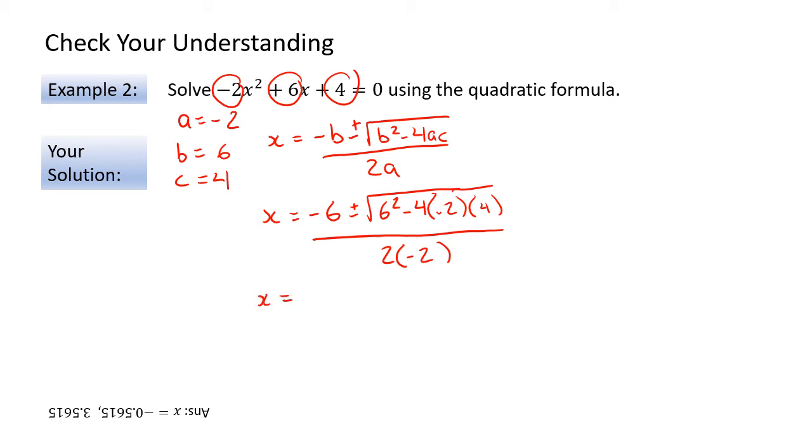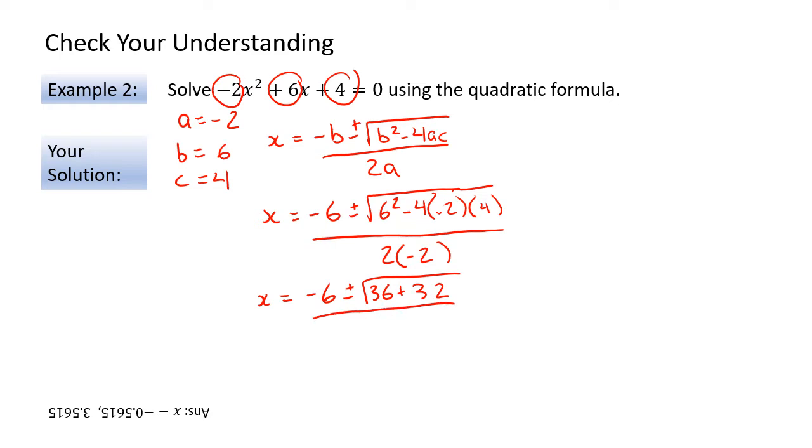Simplifying this, we get x equals negative 6 plus or minus. This becomes 36 plus 32. Negative 4 times negative 2 is positive 8, times positive 4 is positive 32.